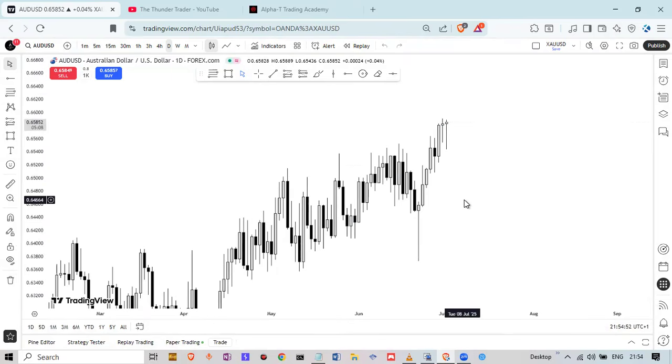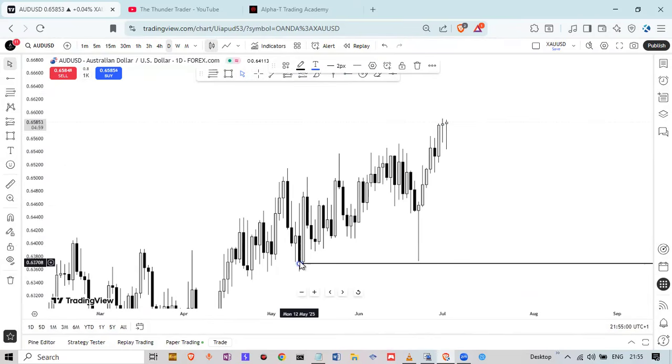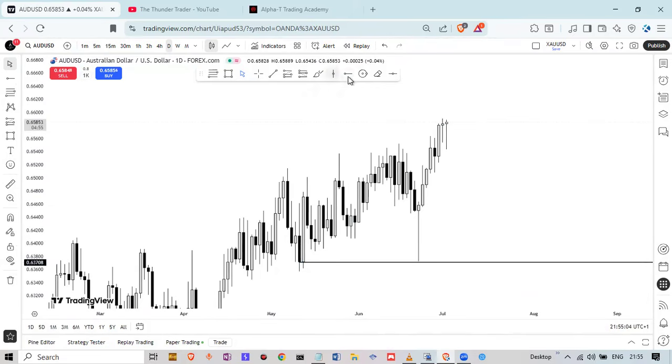Now, when you want to take your entries, we usually pick your key level from the higher time frame. This one level here. This another level here. And like I told you in the previous video on the channel, you will find a video where I spoke about fresh level and unfresh level.